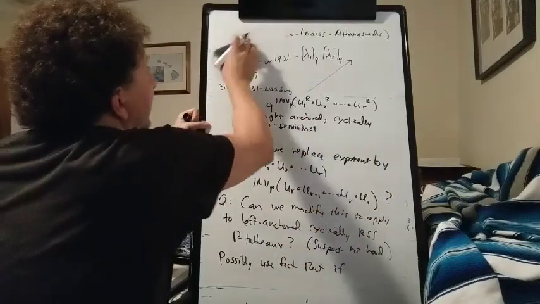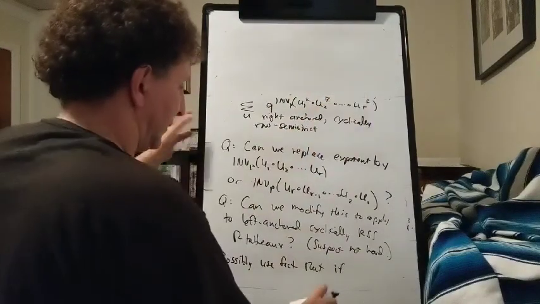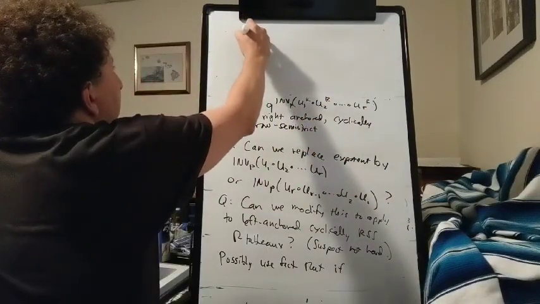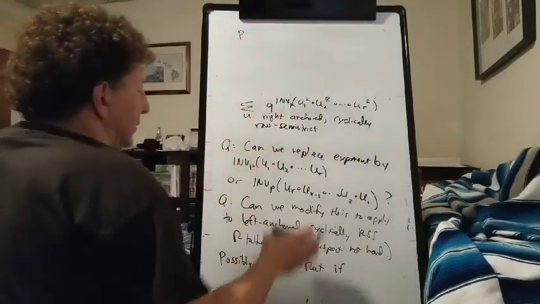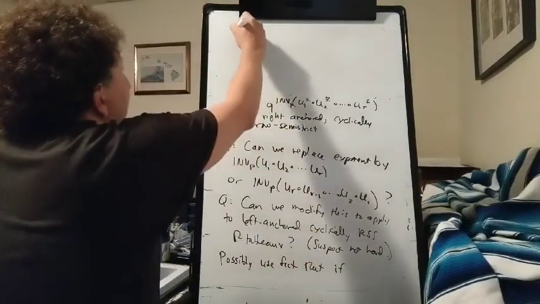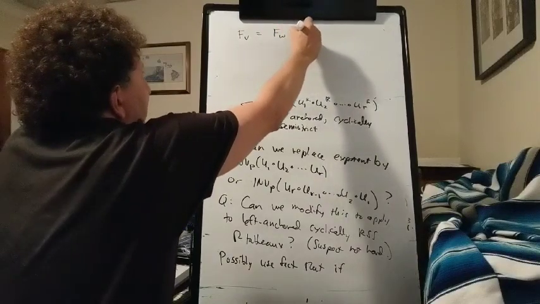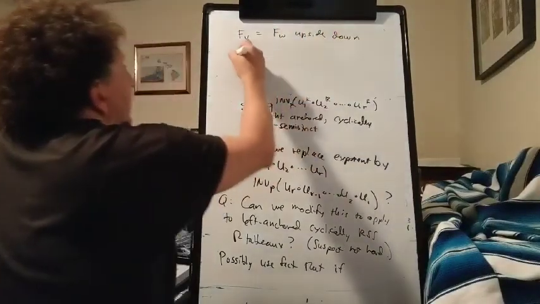So if V and W are two permutations such that the poset of FW, well, such that FV equals FW upside down, so something like this.